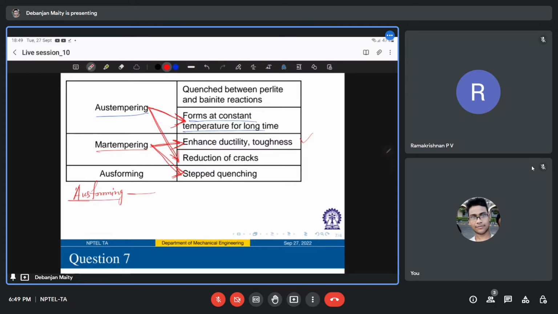In ausforming, you refine the microstructure and shape together. Now, it is basically heated into austenite and then quenched to the temperature between pearlite and bainitic reactions.